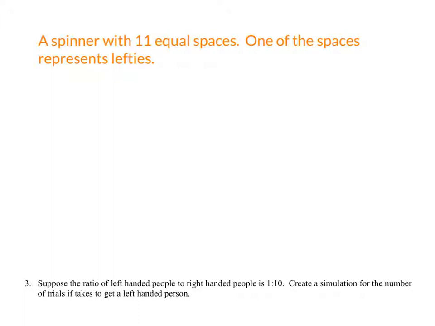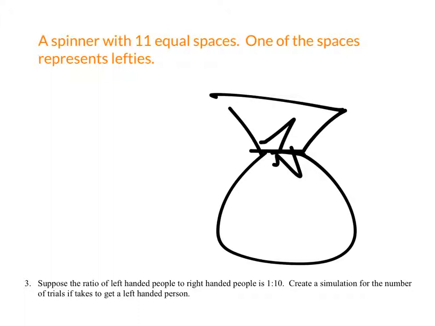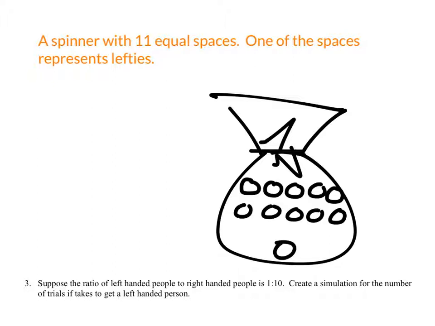But we could do another one. I like the bag example as well. And what would we put in the bag? All right, we got 11 pieces, maybe tiles, marbles, blocks, doesn't matter. But how do we make them different? You could put 11 of these, we'll do tiles again, and one of them has to have lefty on it, right?